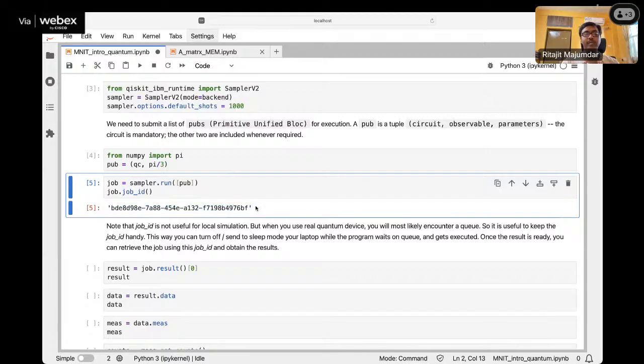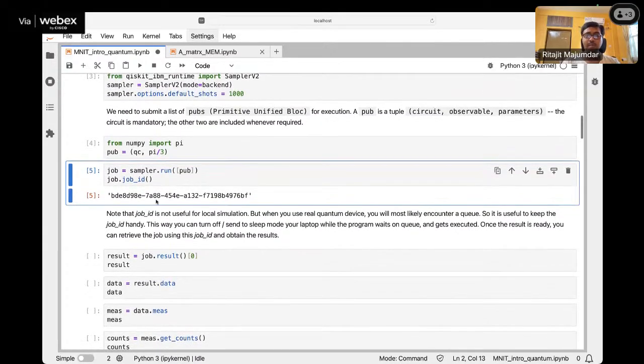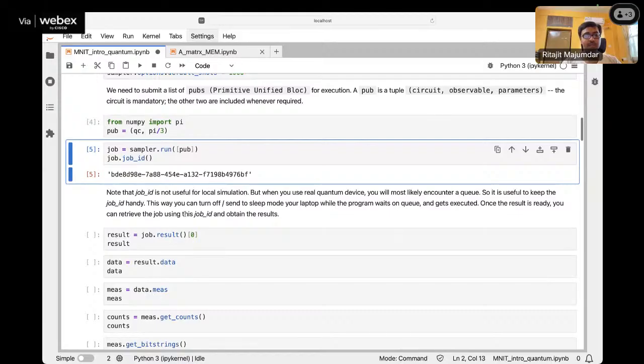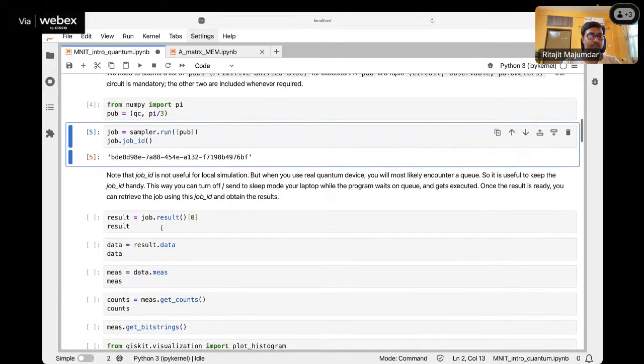You don't need to keep waiting. You don't need to keep a continuous internet connection. You don't need to keep your laptop open as long as the hardware is on queue. Just keep track of this job ID and you can retrieve it later on. So that's a very good practice. Although, as I said, this is just a simulation that we are doing. There is no queue, nothing.